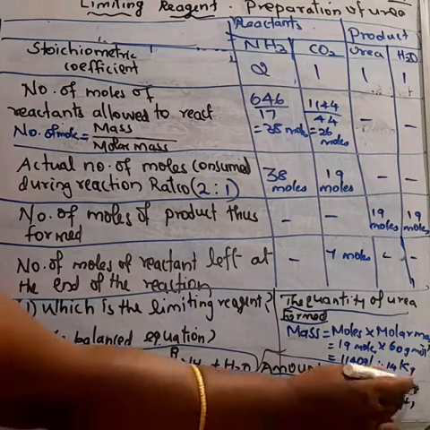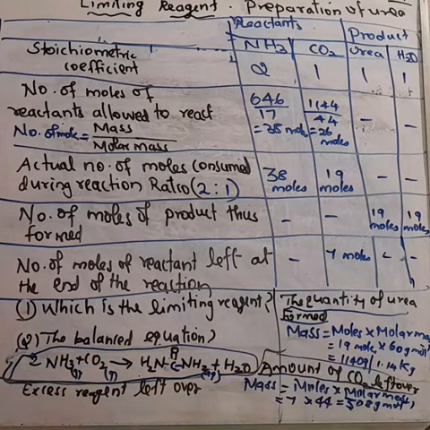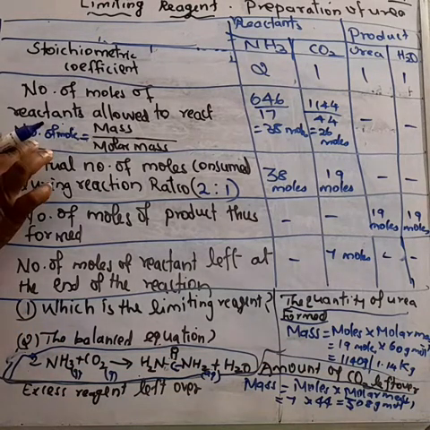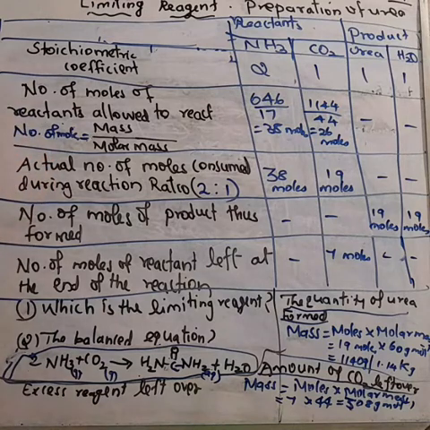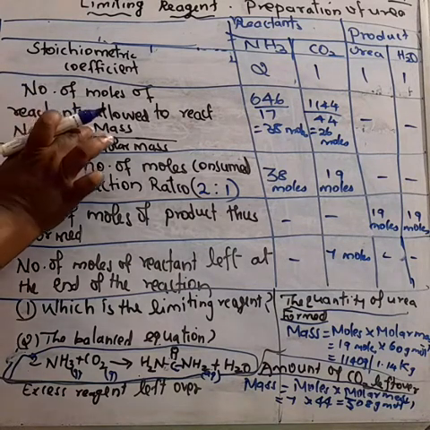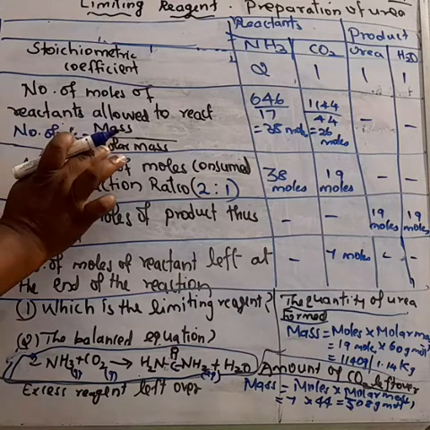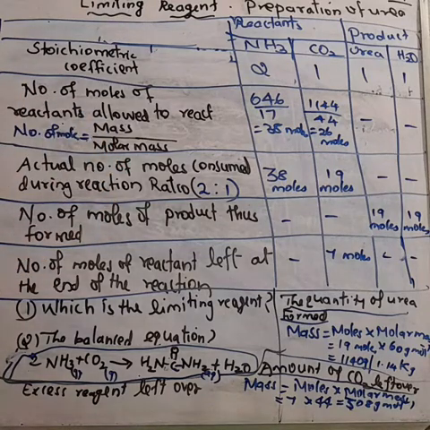So we have to know the number of moles. What is the formula to calculate the number of moles? We already studied it. Number of moles is equal to mass by molar mass. Here the mass is given.